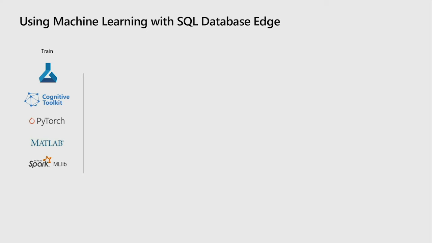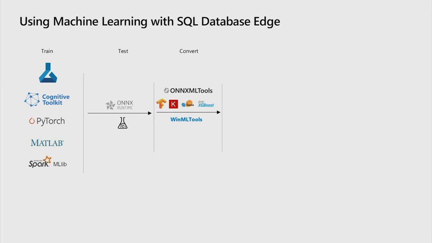You can take any of these machine learning frameworks. You can create a model. Once you create the model, convert it to ONNX, and use any of the tools that you want to use to convert it. You can use something like MLflow to push that into the Azure SQL Database Edge.